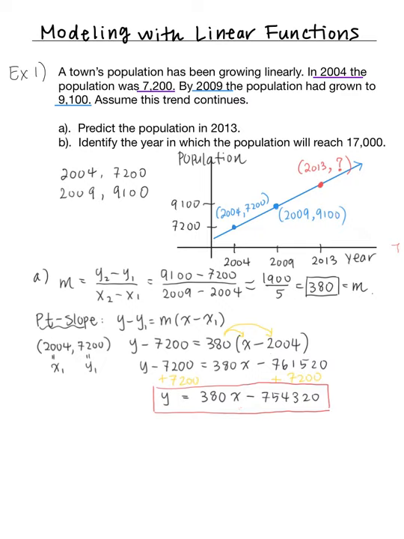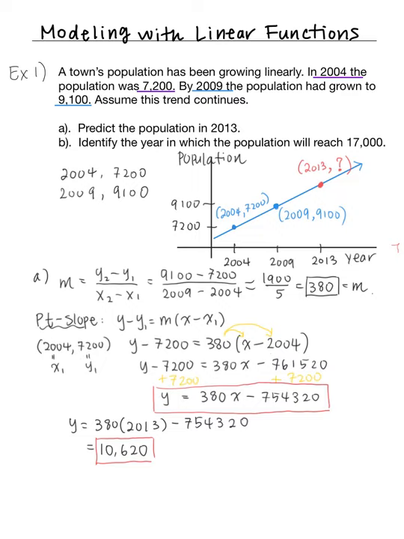So let's do it. We got y equals 380 times 2013 and then minus 754,320. Type that in your trusty calculator. Then what I got was 10,620. All right, so what does it mean? Most important thing is you need to understand what you're trying to compute.